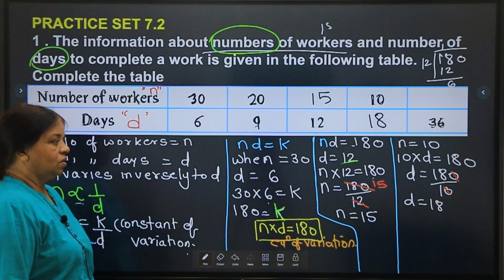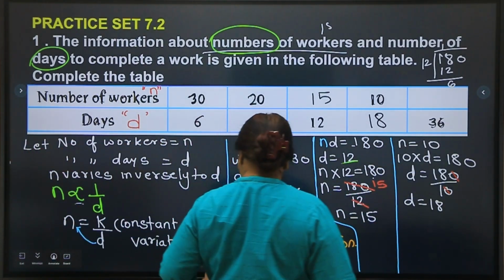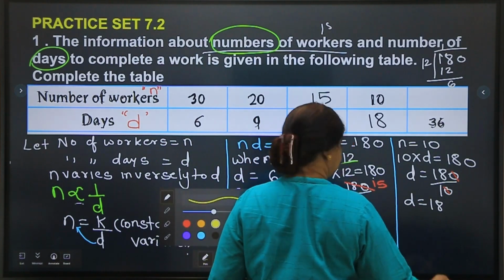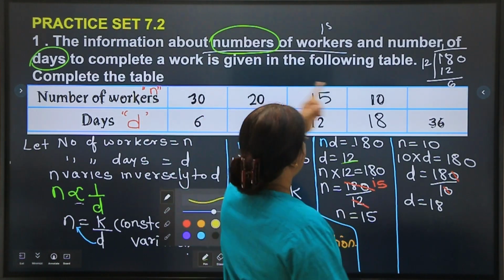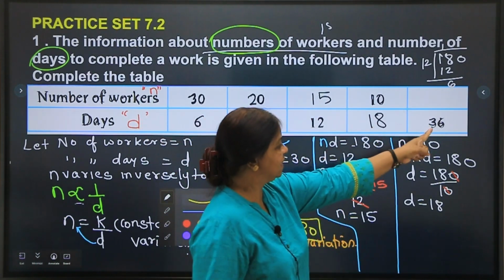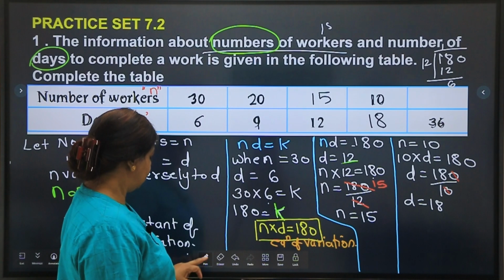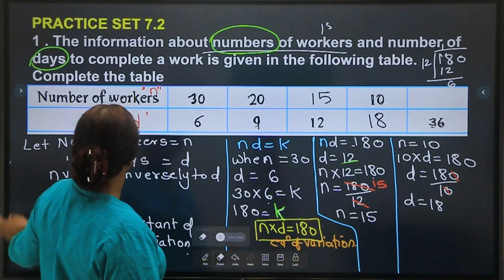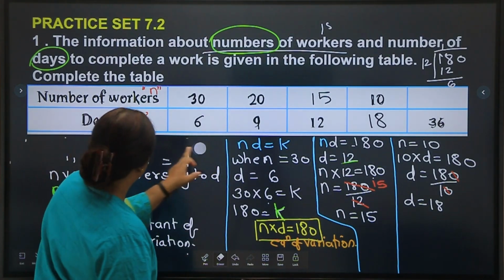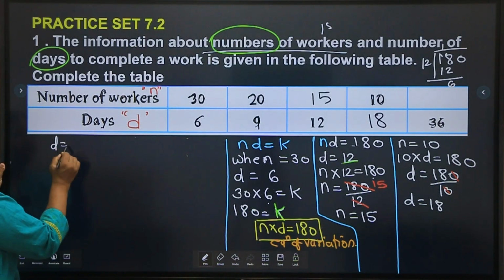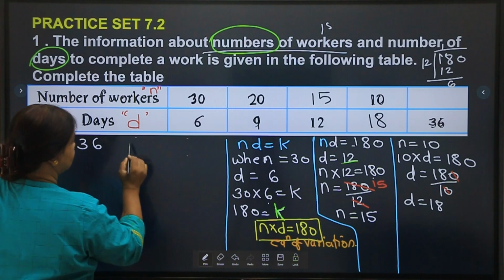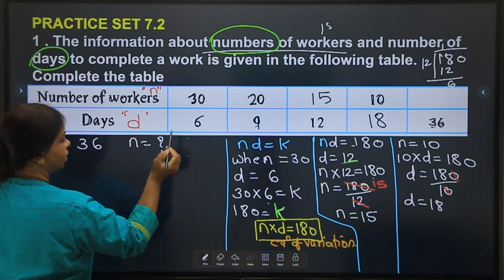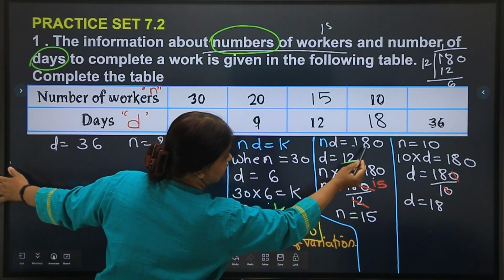Similarly, we will find out the value of n when d is 36. Let us rub this part. D is given as 36. We need to find n in the last box. We know the equation of variation nd is equal to 180.